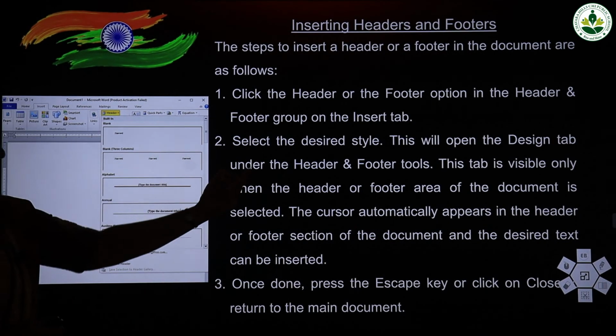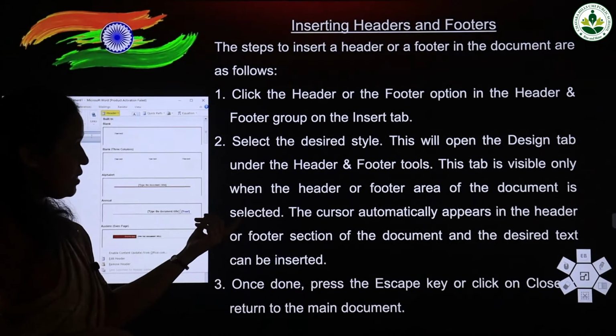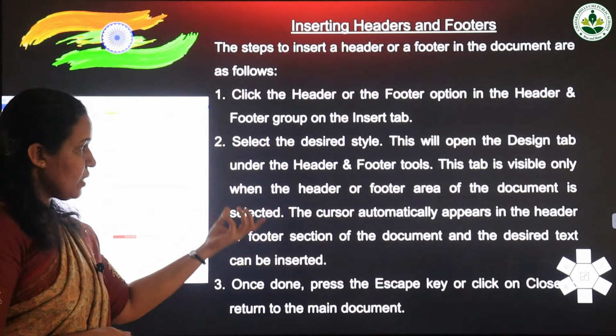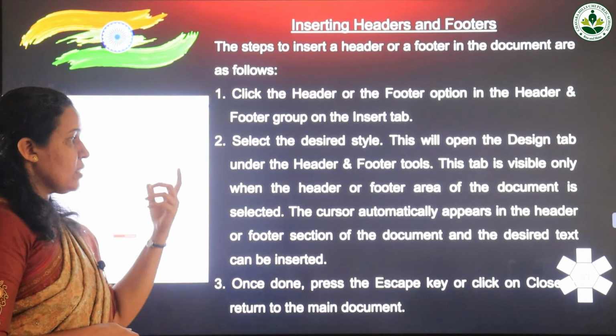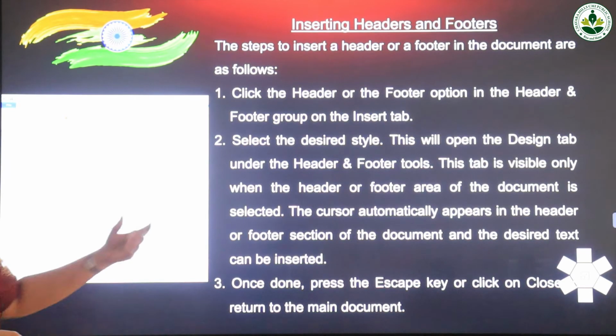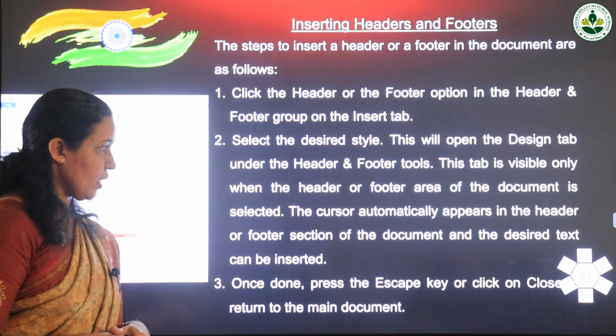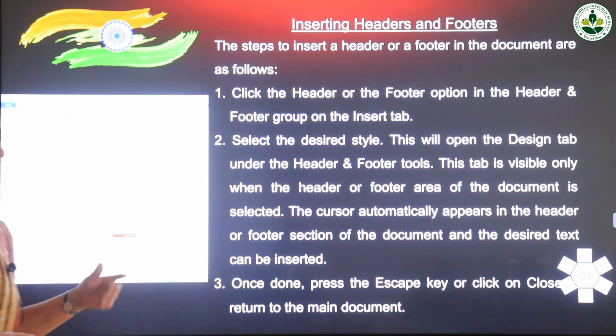Then this tab is visible only when the header or footer area of the document is selected. So if the header or footer area is selected, only then this tab will be displayed. Okay. Then the cursor automatically appears in the header or footer section of the document and the desired text can be inserted.